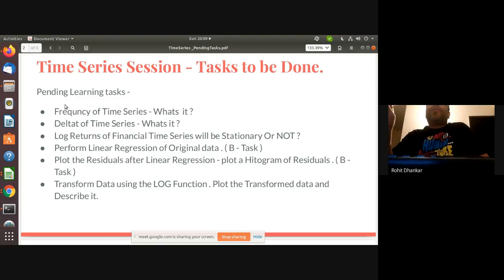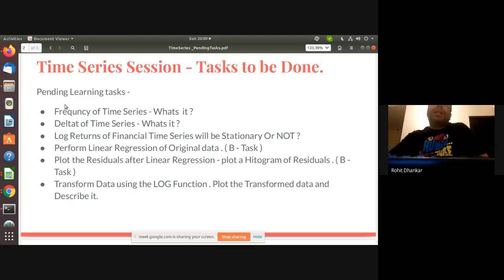So, to perform a linear regression on the original data. This is a B-level task, in the sense that we'll have to do this later on. What we'll want to understand is how a simple linear regression on something of this sort relates back to the time series data, and if there is any relationship over there. That's why I've said B task. Then plot the residuals after linear regression, plot a histogram of residuals and all that stuff.